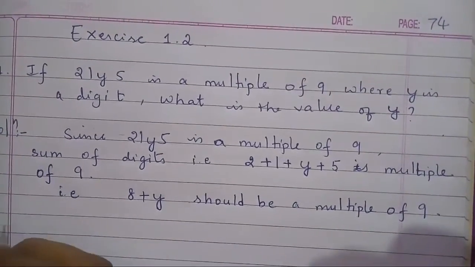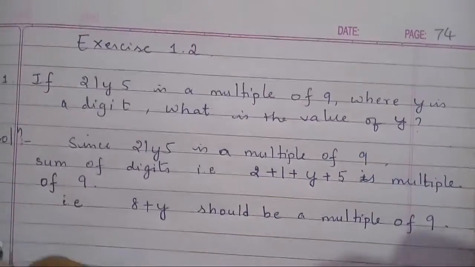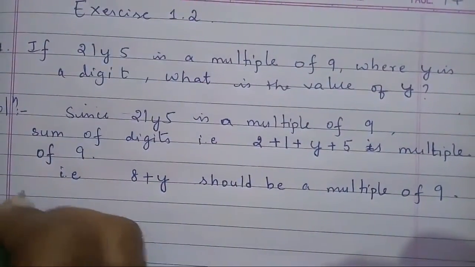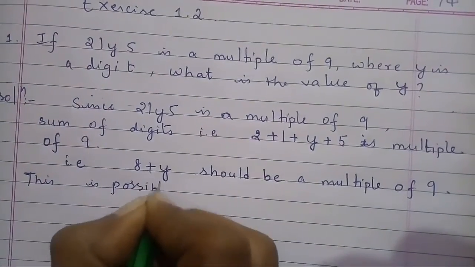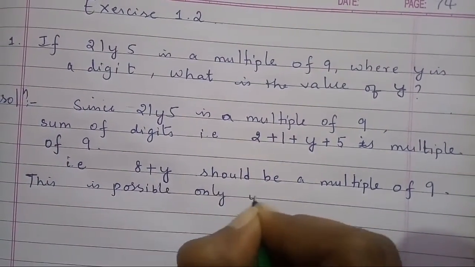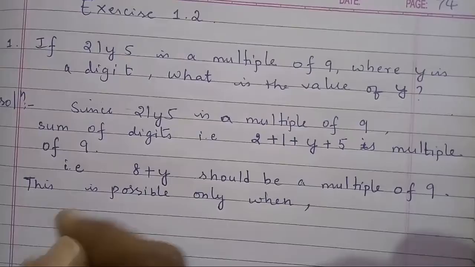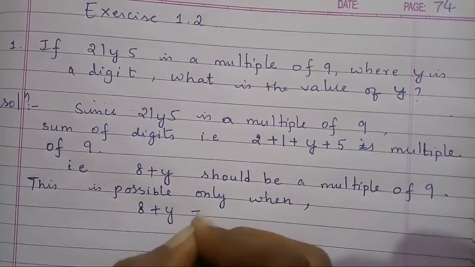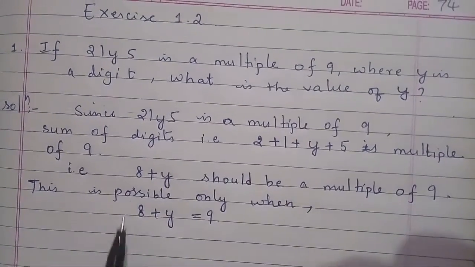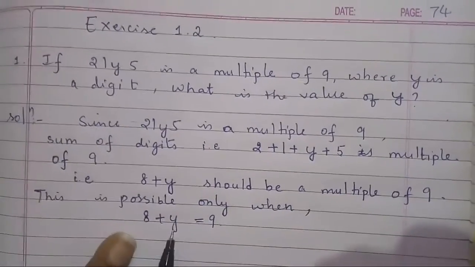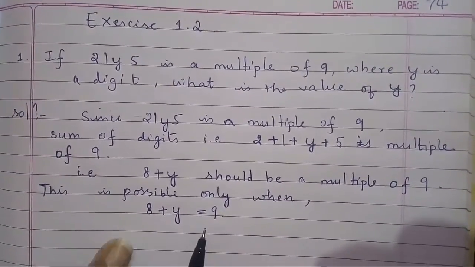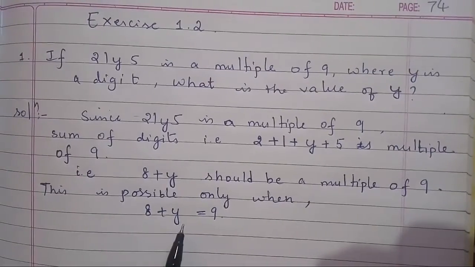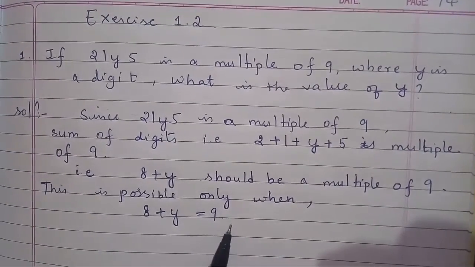Okay, this is possible only when 8 plus y is equal to 9. It should be only when the value of y makes 8 plus y a multiple of 9, so it should be equal to 9.